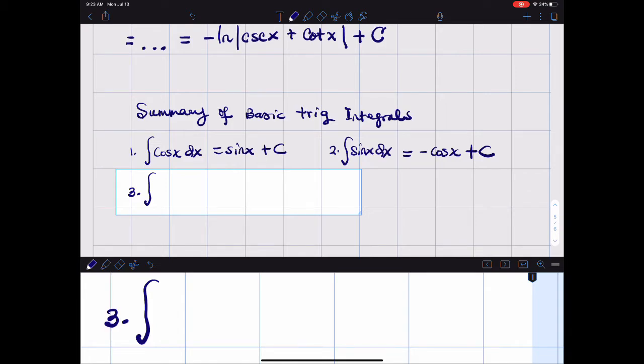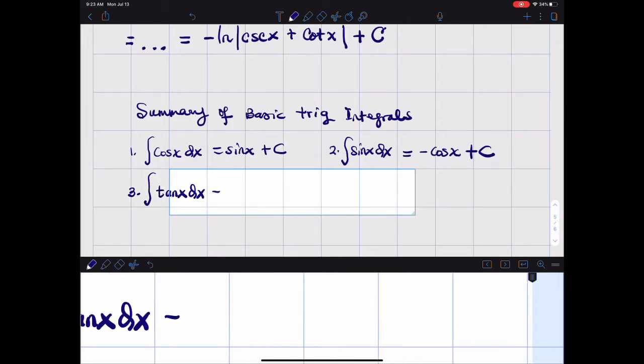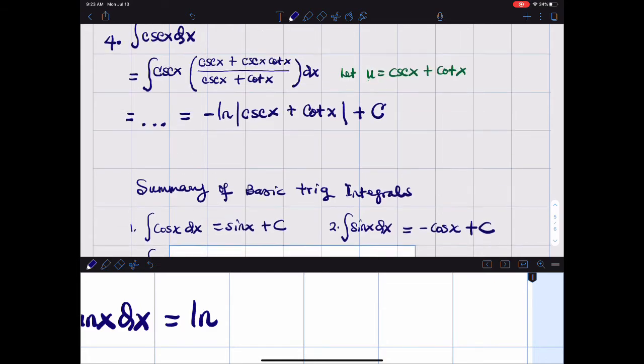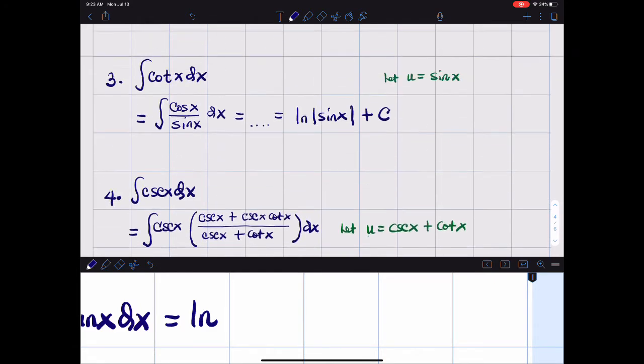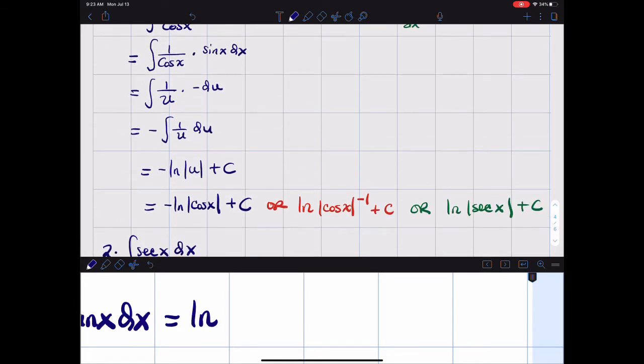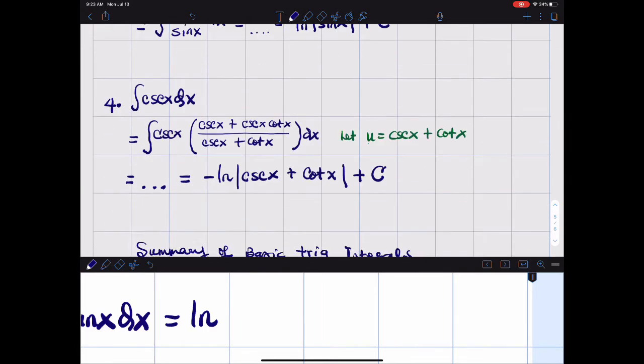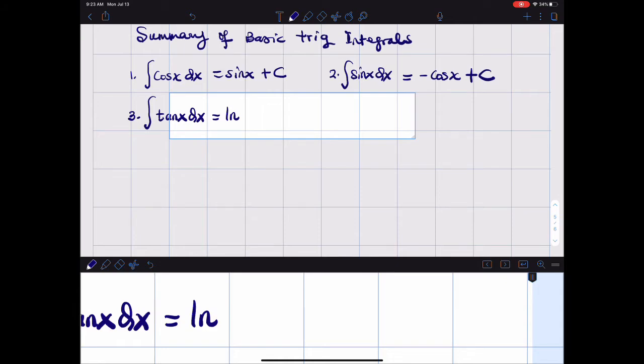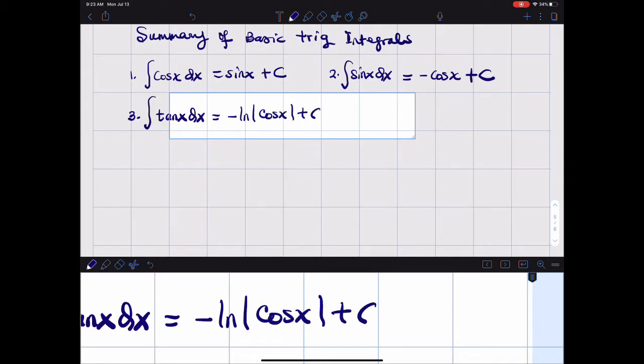the integral of tangent of x dx is the same thing as the natural log of, let's see, what did we get? Let's go back here. I know we had a lot of answers, but which one did we choose? We chose, I'm going to write negative natural log of cosine of x plus c.